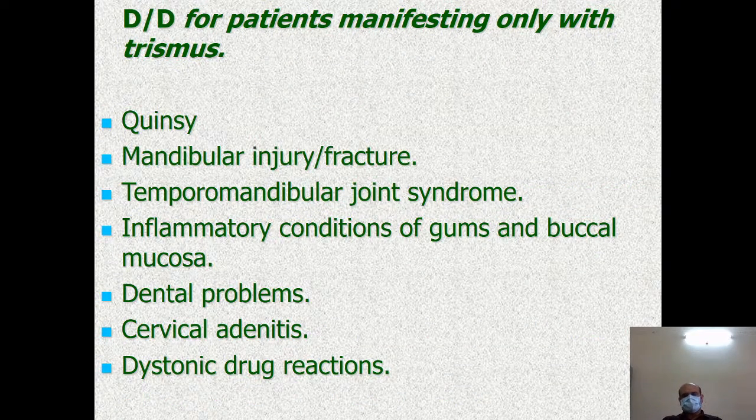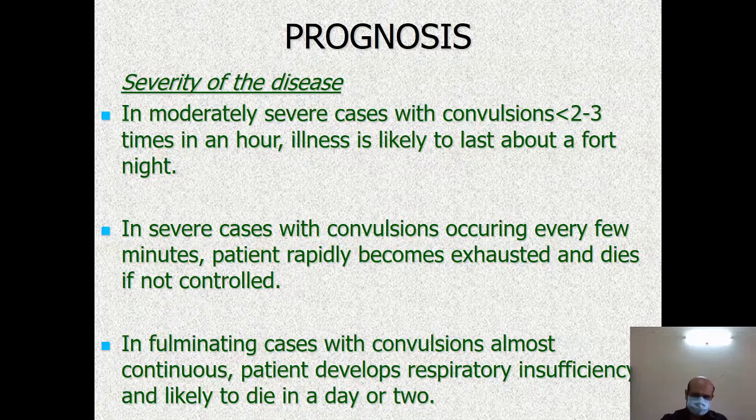Differential diagnosis for patients manifesting only with trismus includes quinsy, mandibular injury or fracture, temporomandibular joint syndrome, inflammatory conditions of gums and buccal mucosa, dental problems, cervical adenitis, and dystonic drug reactions.